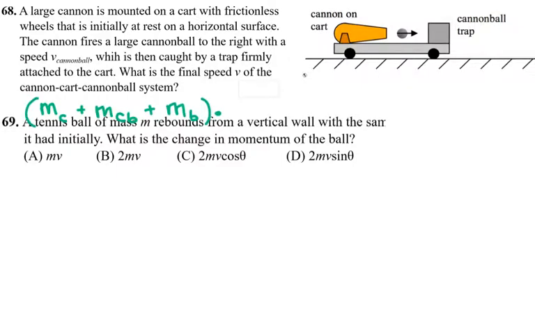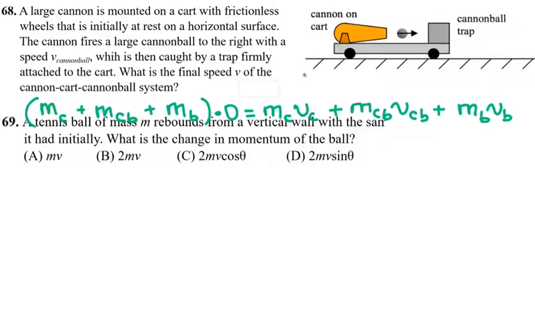Their initial velocity is 0. And then afterwards, you have the mass of the cannon, velocity of the cannon, plus the mass of the cannonball, velocity of the cannonball, and plus the mass of the block, velocity of the block.